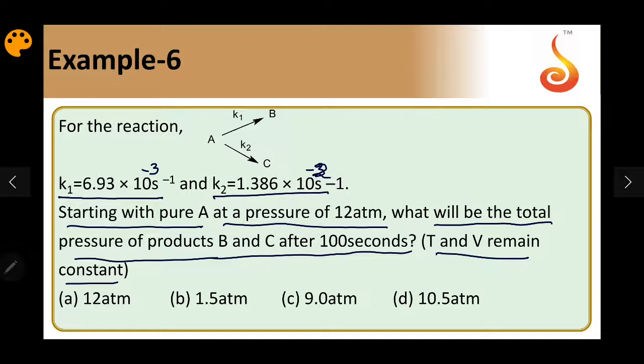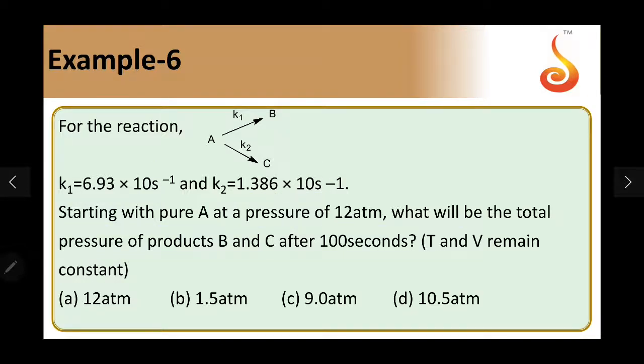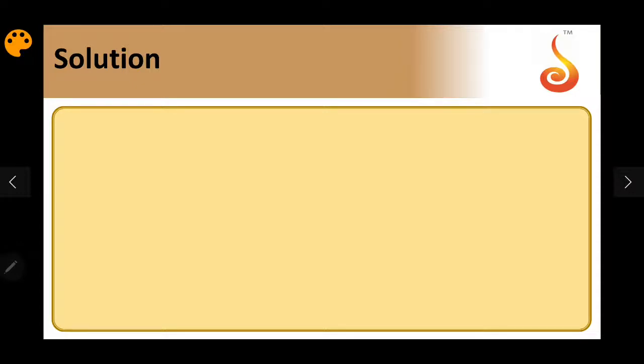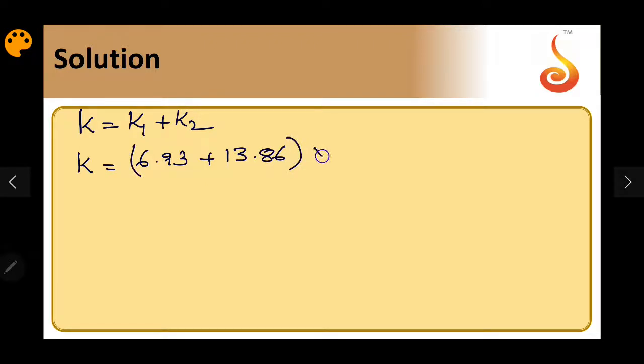So we'll see the solution part. We have total K, so total K equals K1 plus K2. So total K is equal to 6.93 plus 13.86 × 10 power minus 3, so in total it becomes 20.79 × 10 power minus 3.